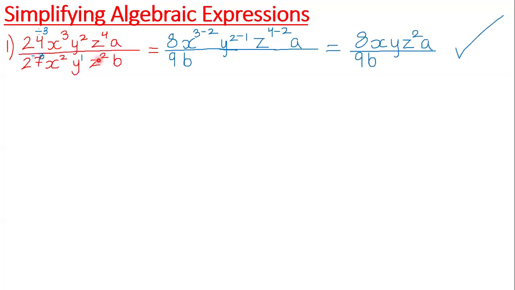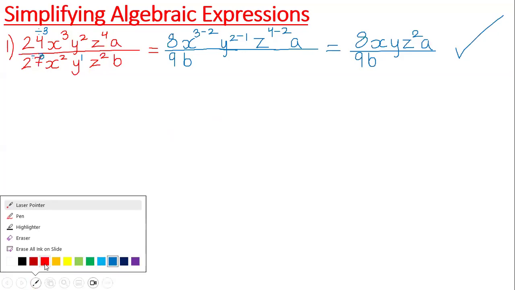Then 3 minus 2 gives us x to the power of 1, which is just x. Then 2 minus 1 is y to the power of 1, which is just y. And then z to the power of 4 minus 2 is z to the power of 2. And then we just have a there. Let's do another example.